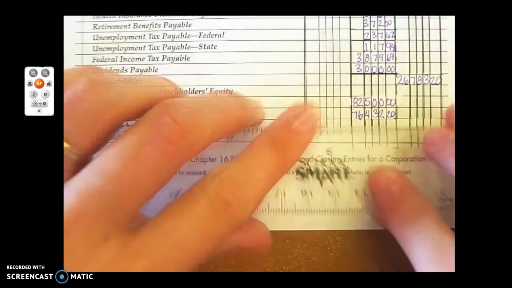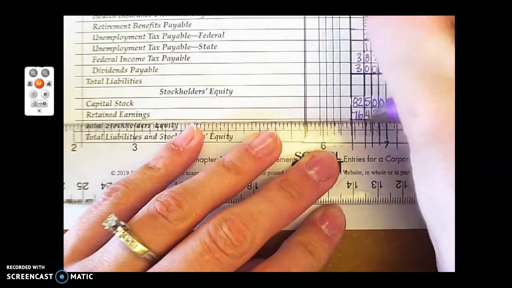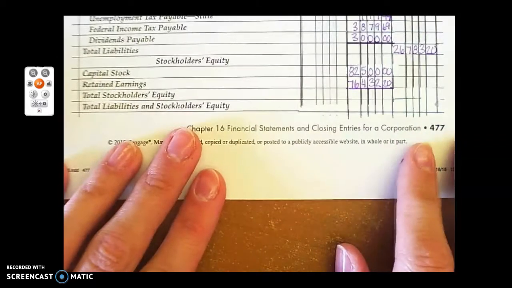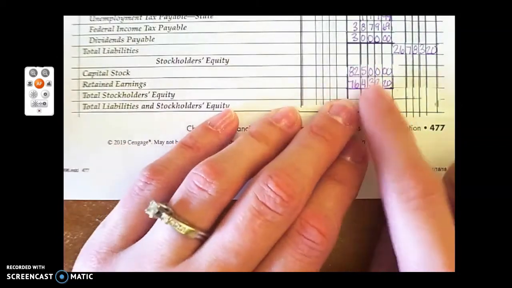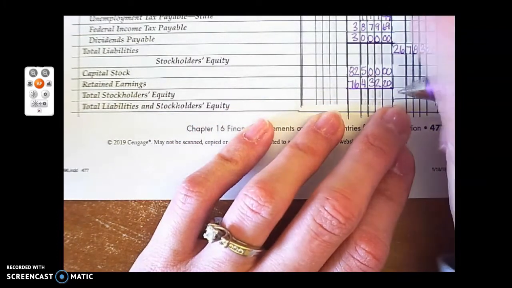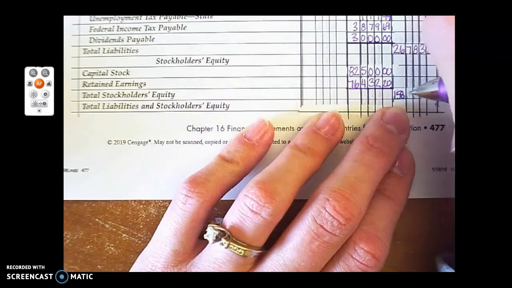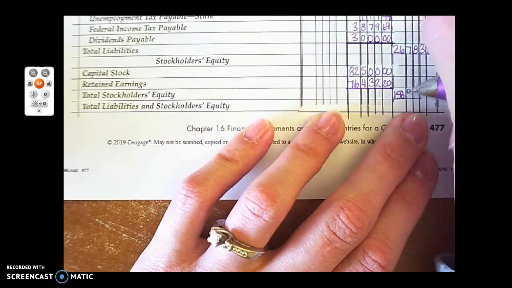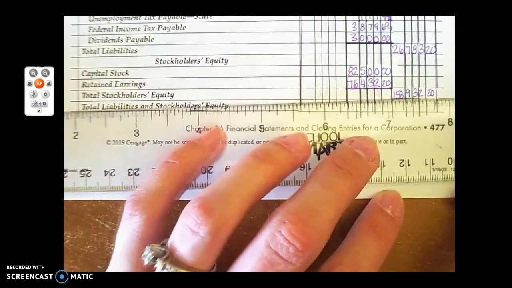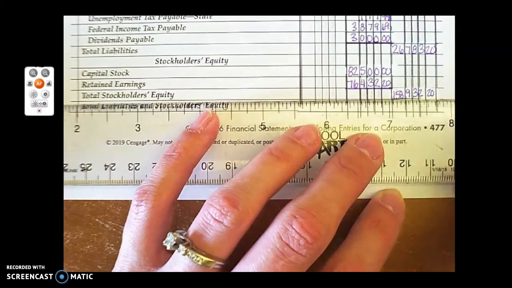Alright, so I'm going to single rule here, and then you would write total stockholders' equity by adding these two numbers together, your capital stock and your retained earnings, so $158,932.20. And then we need another single rule because our last line is total liabilities and stockholders' equity.